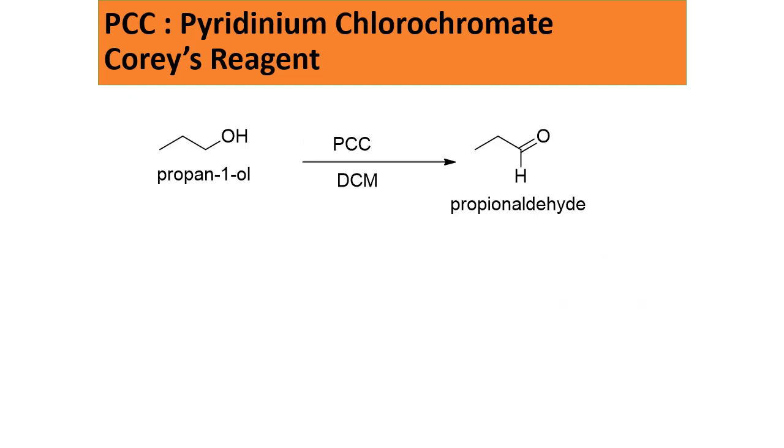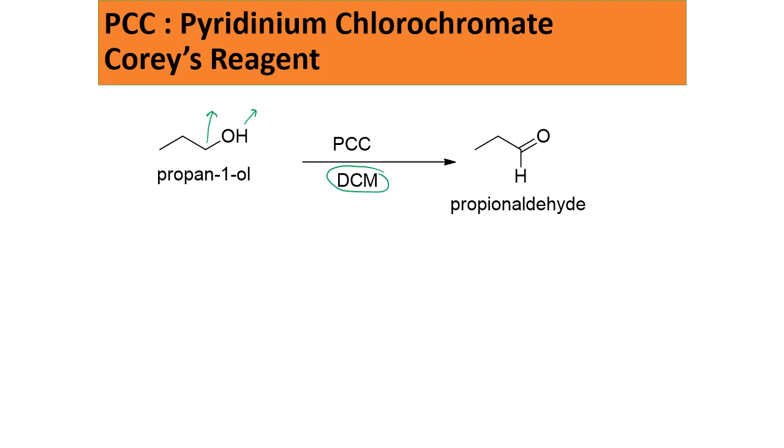So let us look into the examples of oxidation by Corey's reagent, pyridinium chlorochromate. This is the equation in which we are using propan-1-ol. It is a primary alcohol. What we are going to do is, when we see PCC and this DCM stands for dichloromethane, the solvent, hydrogen will be taken out from OH and one hydrogen from the neighboring carbon, right?